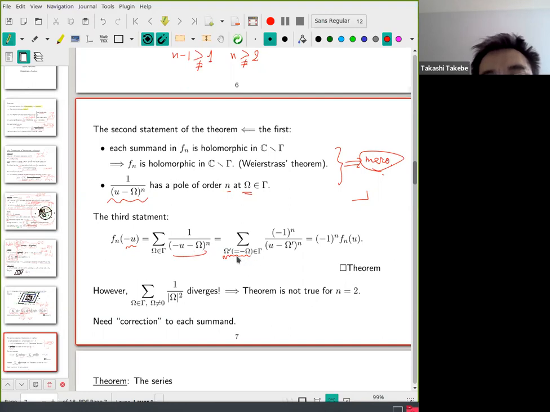Then we have such a summand, and this is equal to this. And well, this does not depend on omega prime, so we have this. So when n is even, then it is an even function. If n is odd, then it is an odd function. So this is the end of the proof.